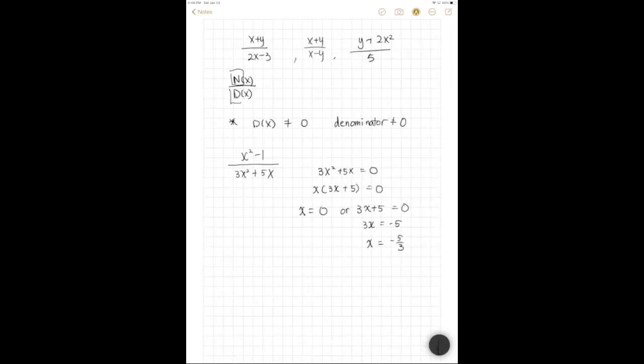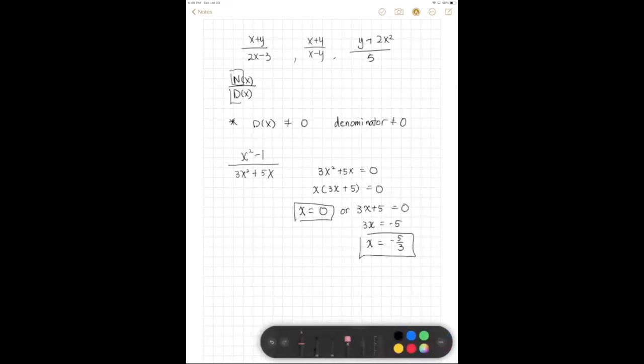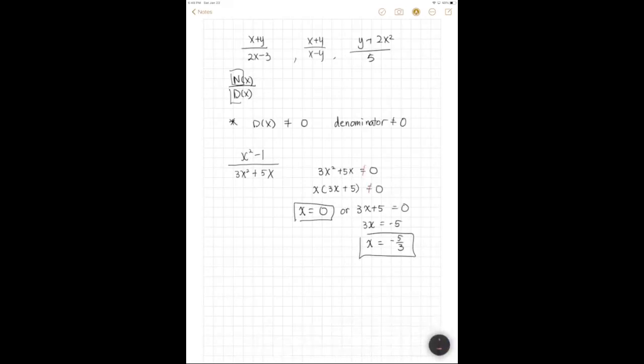Okay, so that means what? For these two numbers, because the bottom can't equal 0, x cannot equal 0, and x cannot equal -5 over 3. This is the domain.